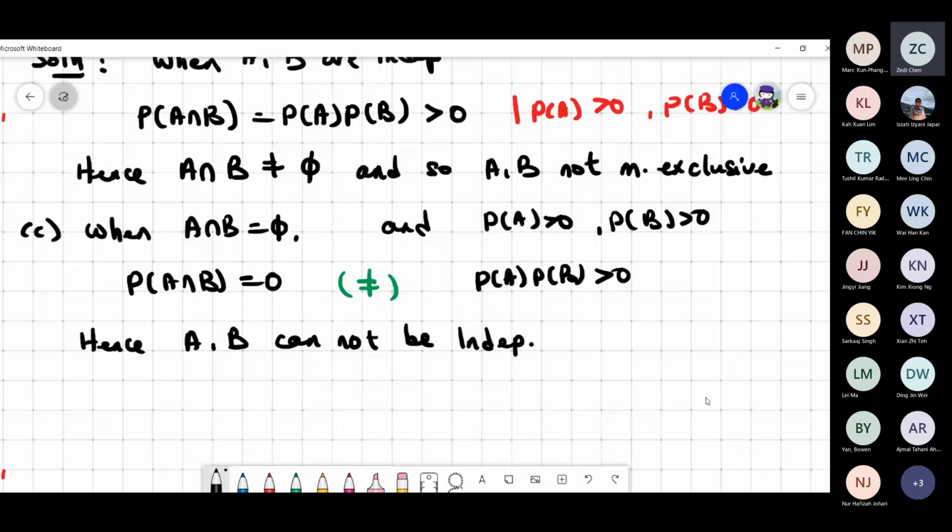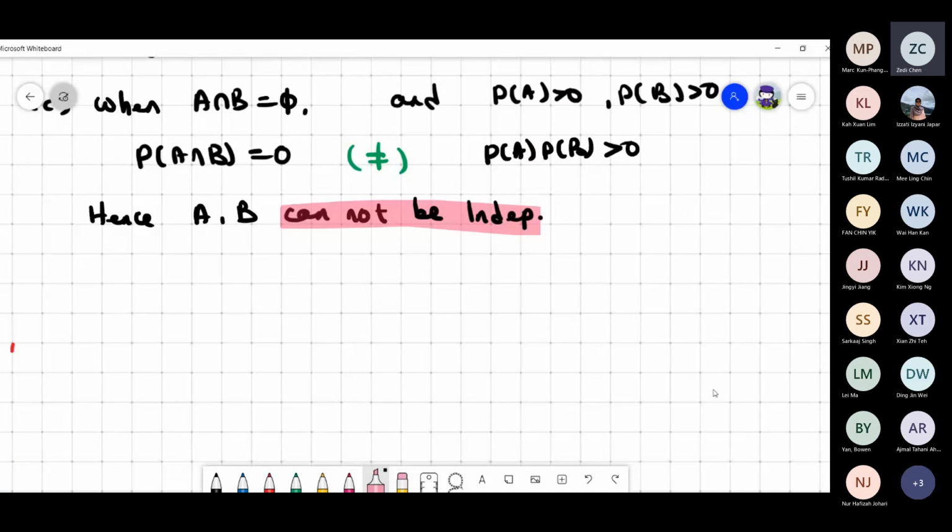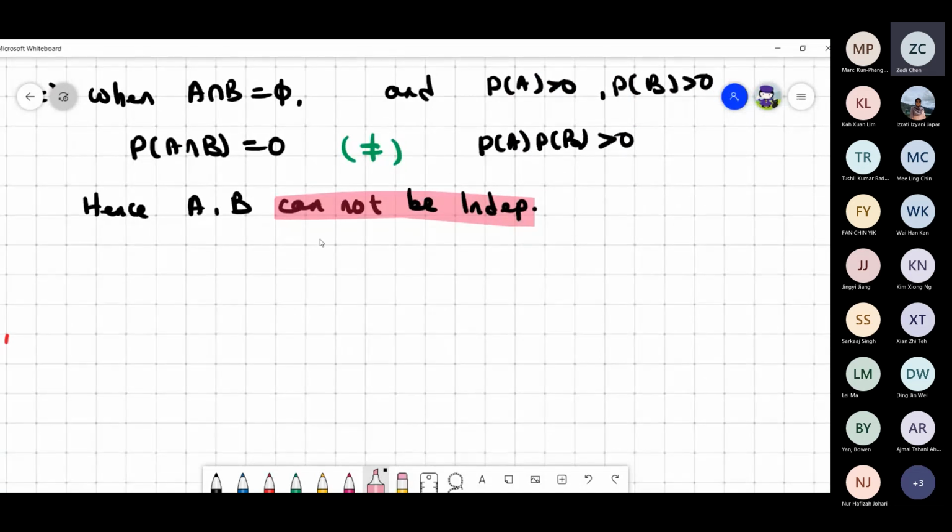So there cannot be independence. I think using this line will be clear.